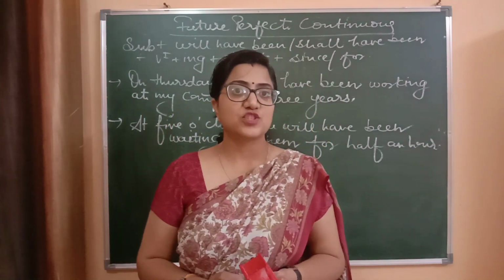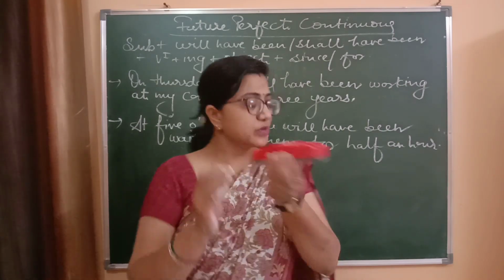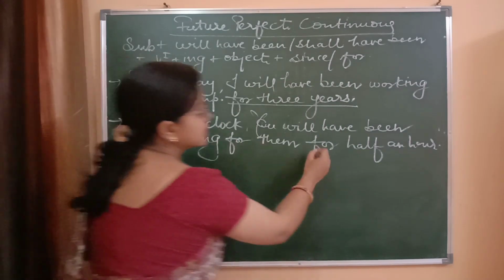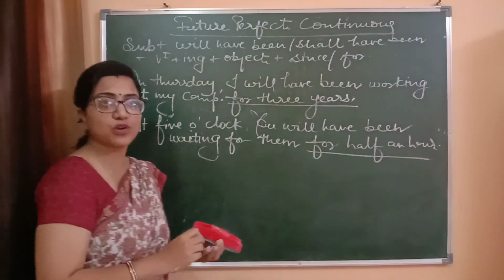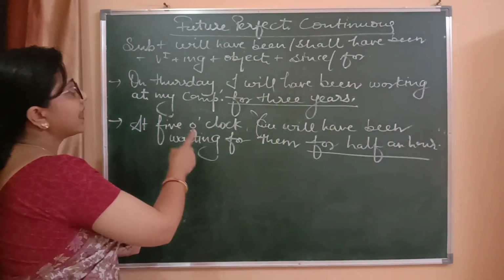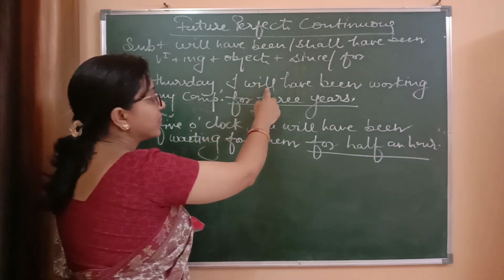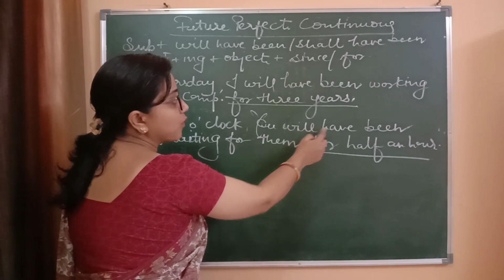These are the sentences of future perfect continuous. Okay, continuing with the time, the duration of time. And when you are adding not, okay, you can add easily I won't have, okay, you won't have.